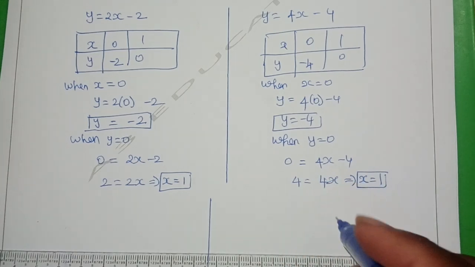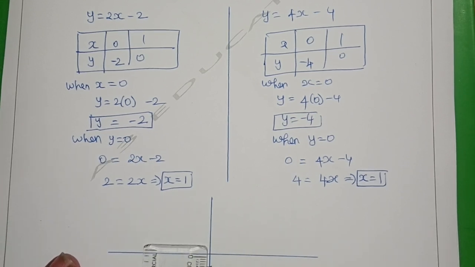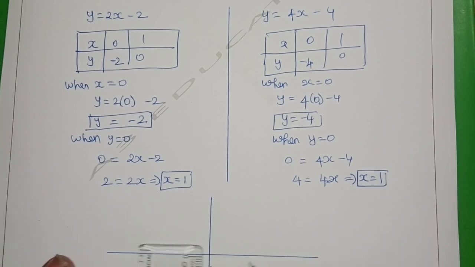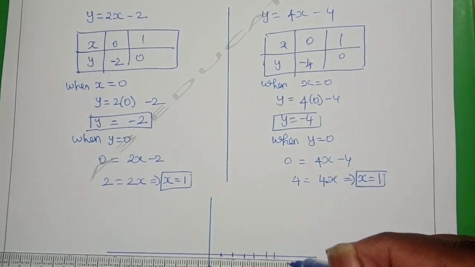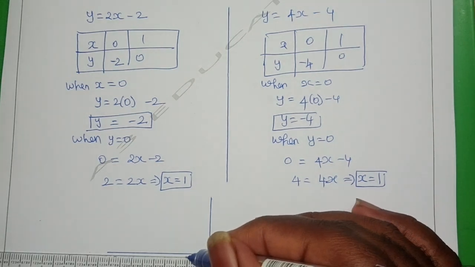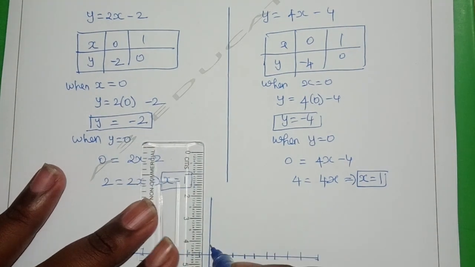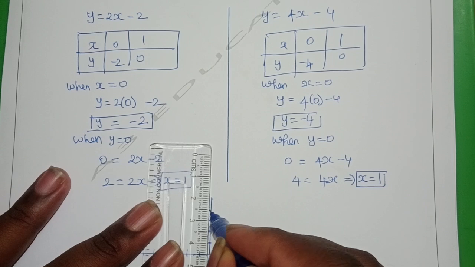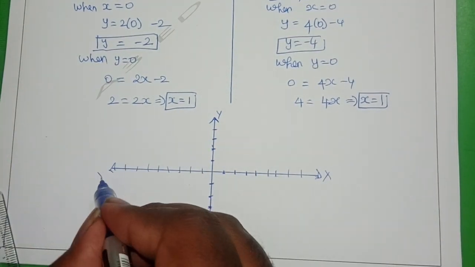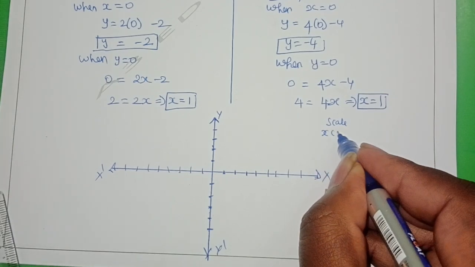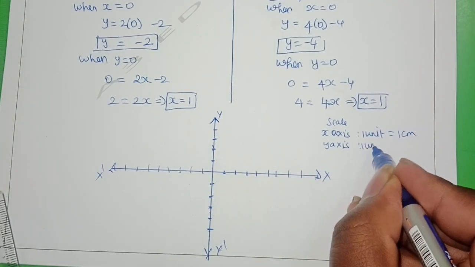We need 4 points on this side, and as many points as we can here. Mark the Y dash and X dash axes. The scale: on the x-axis 1 unit is equal to 1 centimeter, and on the y-axis 1 unit is equal to 1 centimeter.